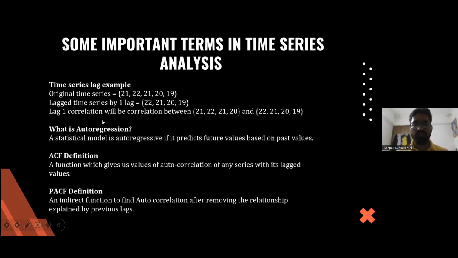ACF gives us the values of autocorrelation between this lag one and the original values. PACF is used to directly find the lagged value, and it does not need the original time series for it. So these were some important terms in time series.